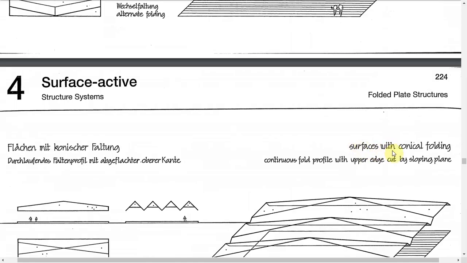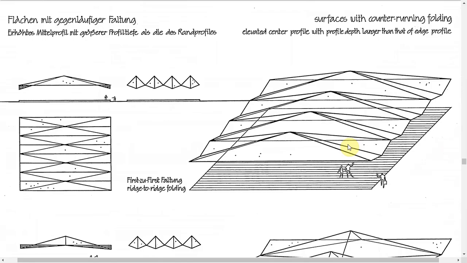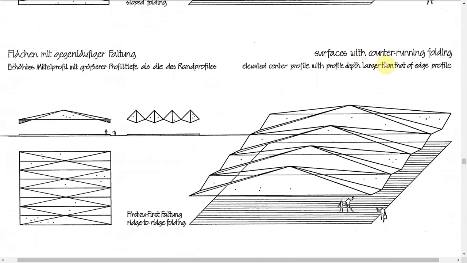Then surfaces with conical folding, and here are the examples, right? Then comes the surfaces with counter running folding. In this, what happens?